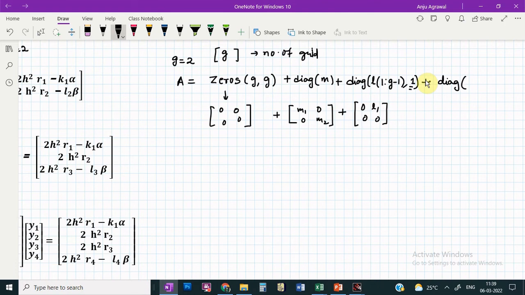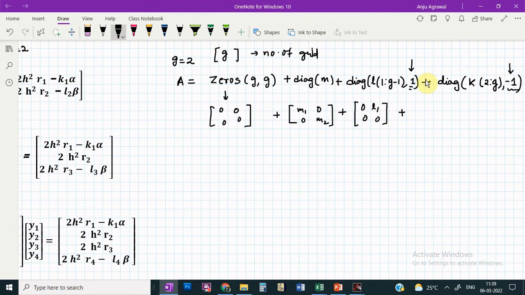Since we want to add the diagonal elements k2, k3, k4 and so on, we have to add the k vector, and the k vector will always start from the second element and go up to the last grid point. So it will run from 2 to G, and since we want to add it to the lower diagonal elements, that means the elements below the diagonal, we have to use -1. So we use -1 to add the elements below the diagonal, we use this one to add the elements above the diagonal, and you don't have to use anything over here if you wish to simply add the diagonal elements.